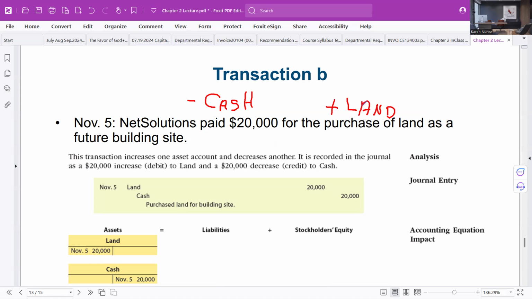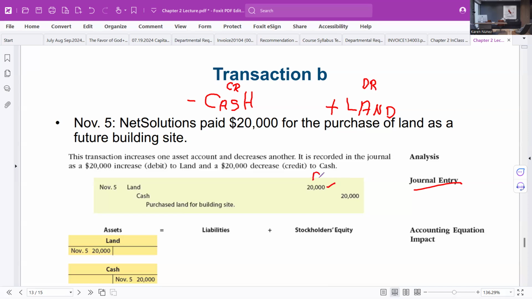How do you increase an asset? Well, you increase an asset with a debit. How do you decrease an asset? Well, you decrease an asset with a credit. So the way we record this transaction in our journal is to record debits first. We're going to debit the land account for the amount of the transaction, $20,000.